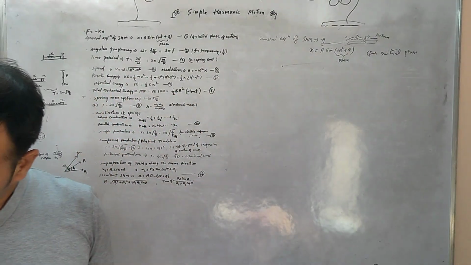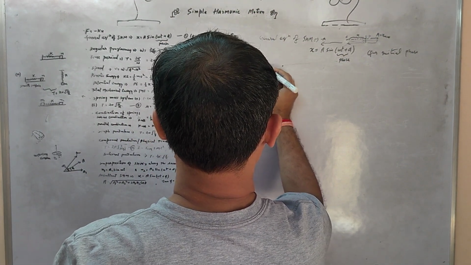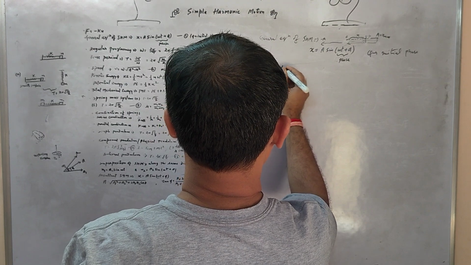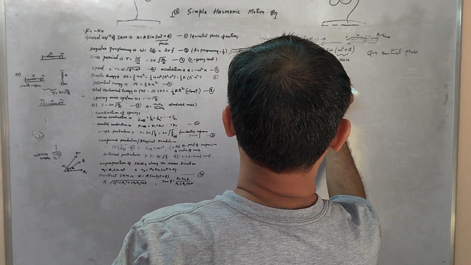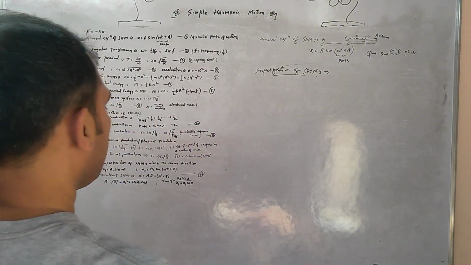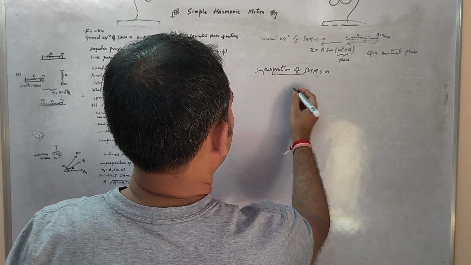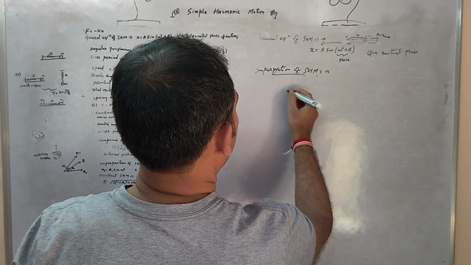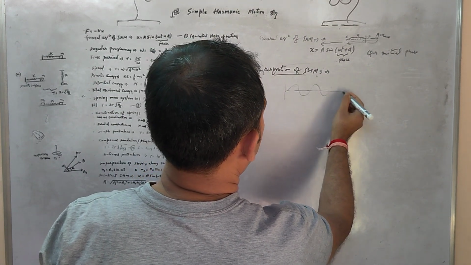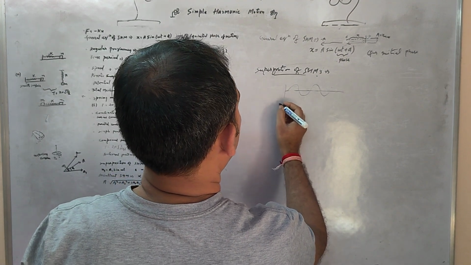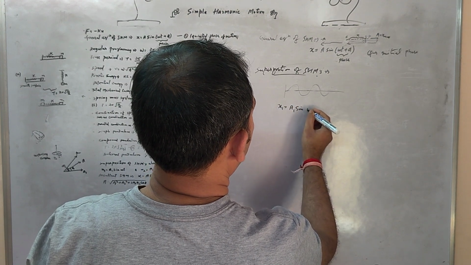Now the last concept comes: superposition of simple harmonic motions, SHMs. So what is this? Let this be the case of x1 equal to a1 sine omega t.